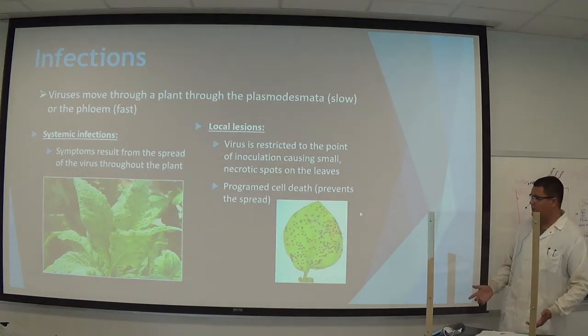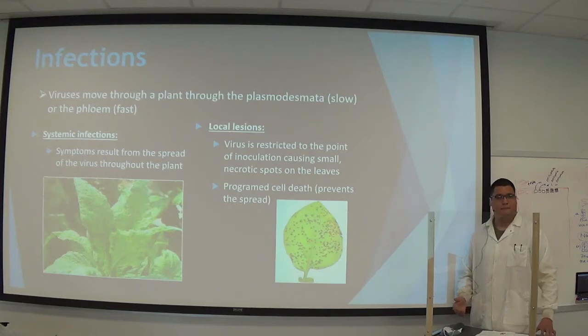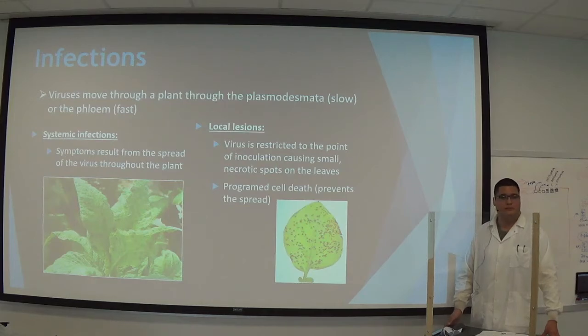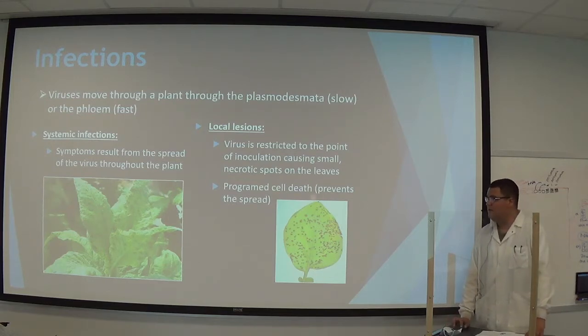Ultimately this does hurt the plant, but if the plant only has to give up a few cells to prevent a virus infection, then ultimately the plant is better off doing that. However, sometimes the virus can outrun the plant's cell death, and you start to get death all over the plant.